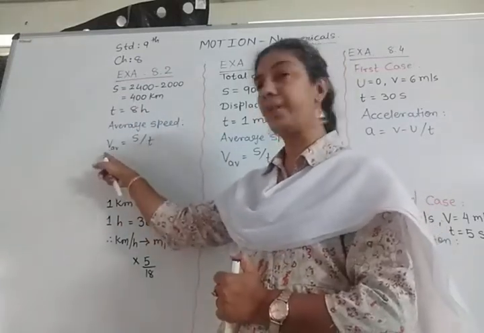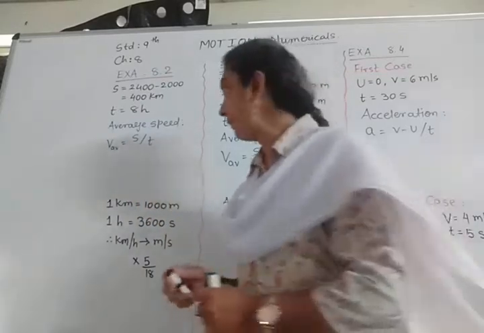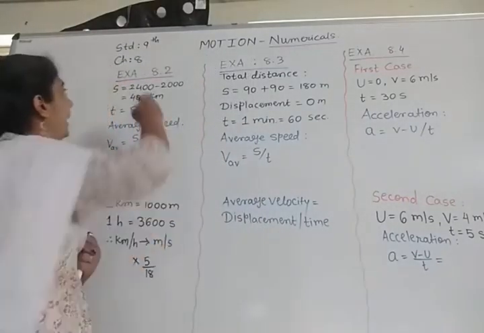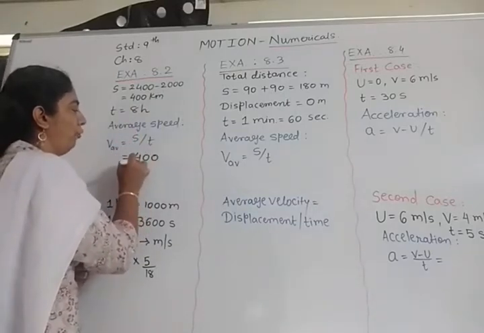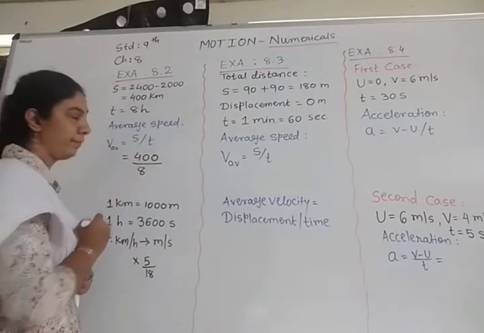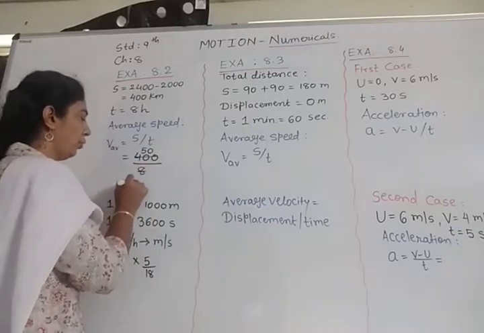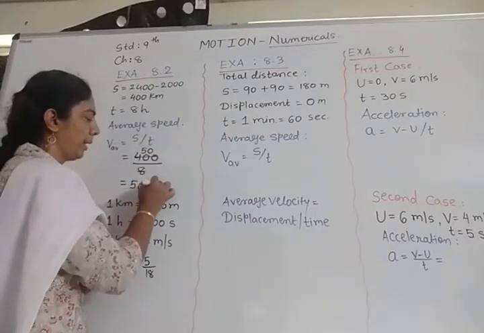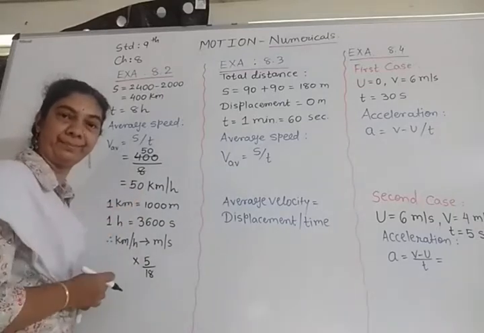Symbolically, I can write V_av equals S by T. So I will substitute the values of S and T. S is given as 400 km, so 400 divided by time, that is 8. 8 5s are 40 and one more 0, so 50. So we found the average speed in kilometer per hour. First part is done. Isn't it easy?